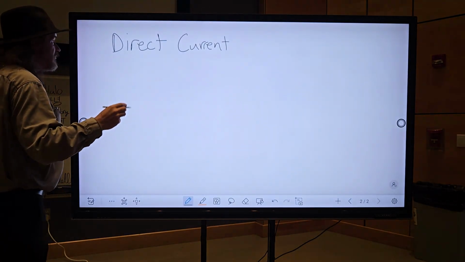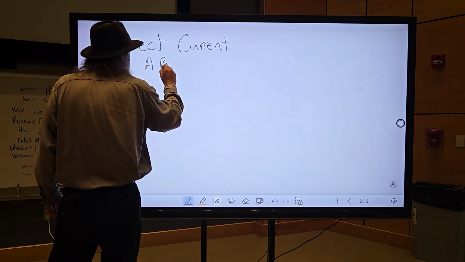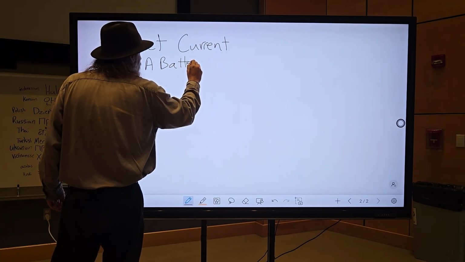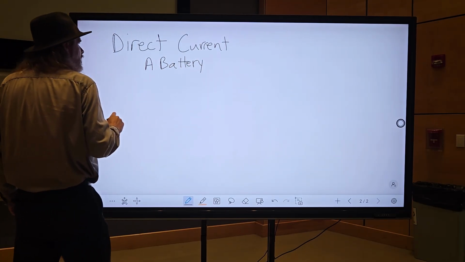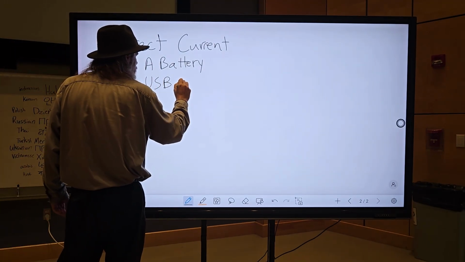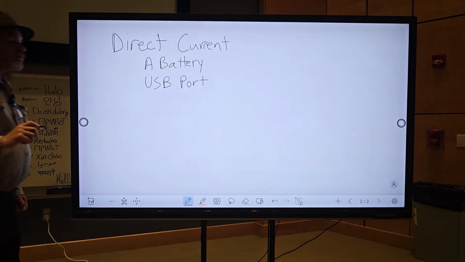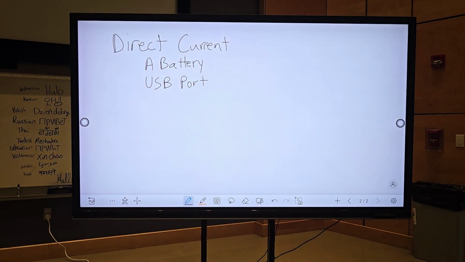This is like a battery, or a USB port. Those have direct current where the pressure, the voltage, is constant between the two poles of the device.